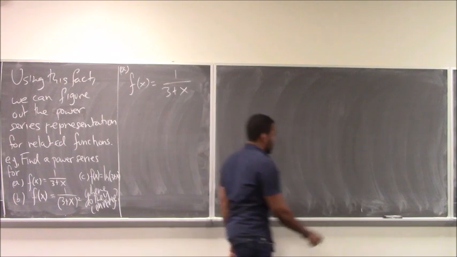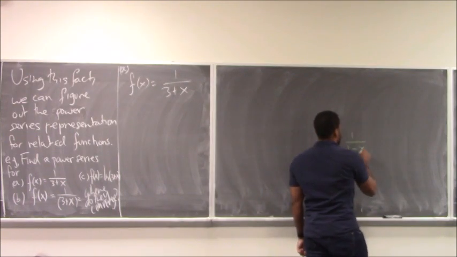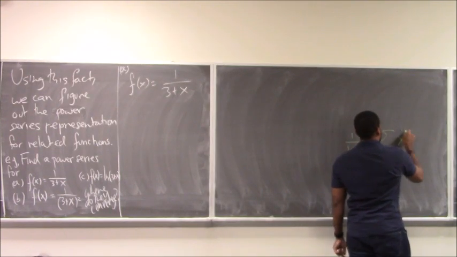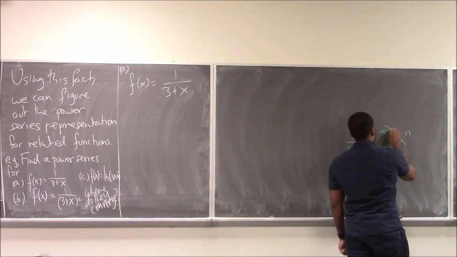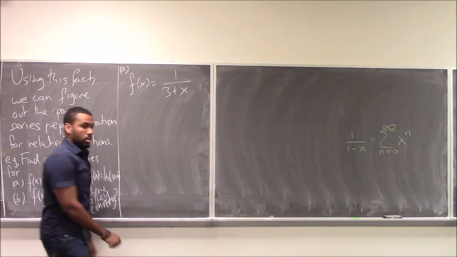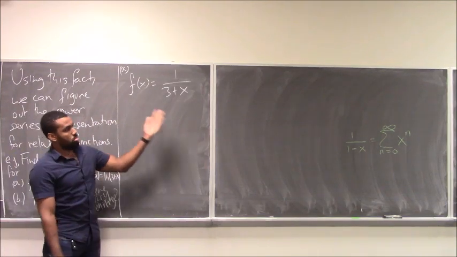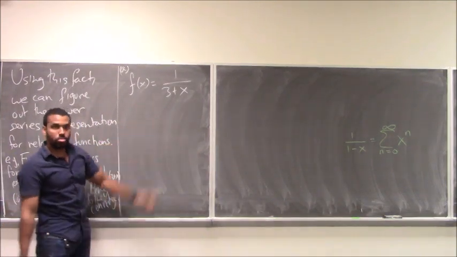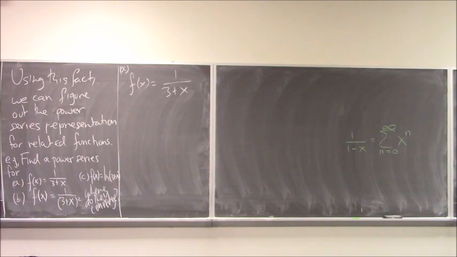So the fact that we know is 1 over 1 minus x, I can write it like this. And for now, think of those as one and the same. Given that I know that, what do you think I can do with this?